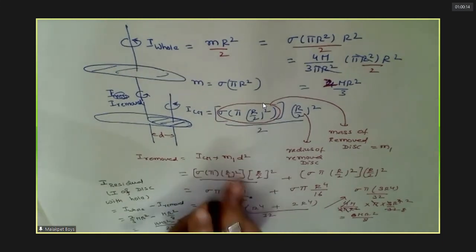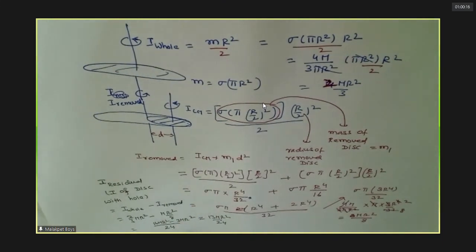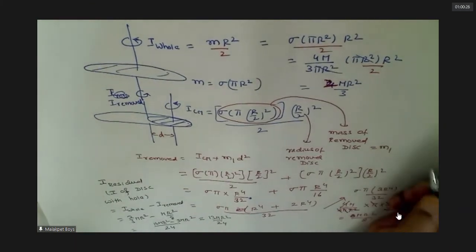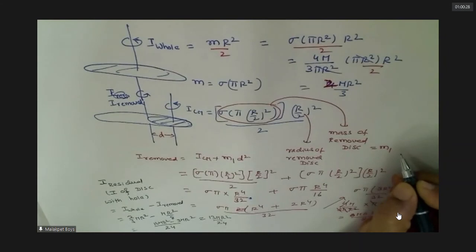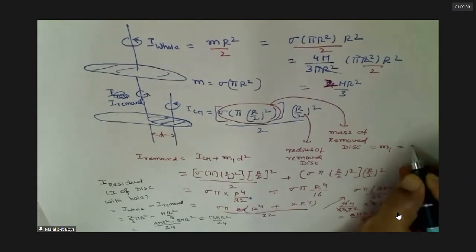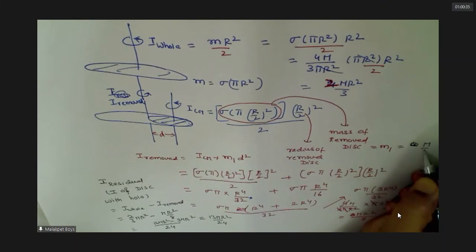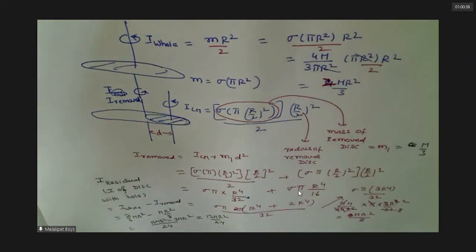The small m should be M by 3, no? Yes, sir, M by 3. Why M by 3, sir?